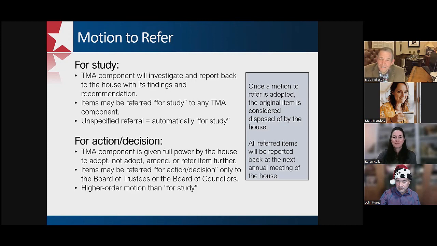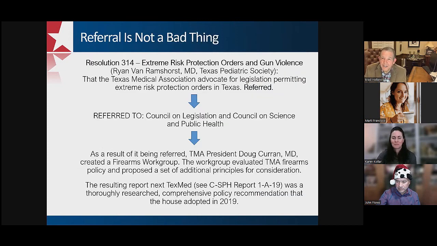All right, referral. Let's talk about referral for a second. It's not always bad, and people think that if something's referred, it's somehow not winning the gold medal, that it is to be avoided. But really, referral is not always a bad thing.